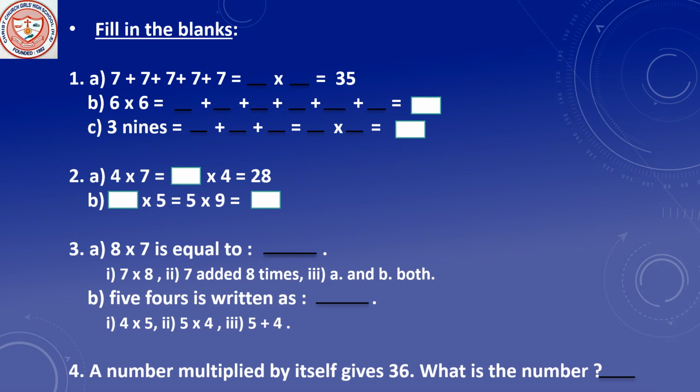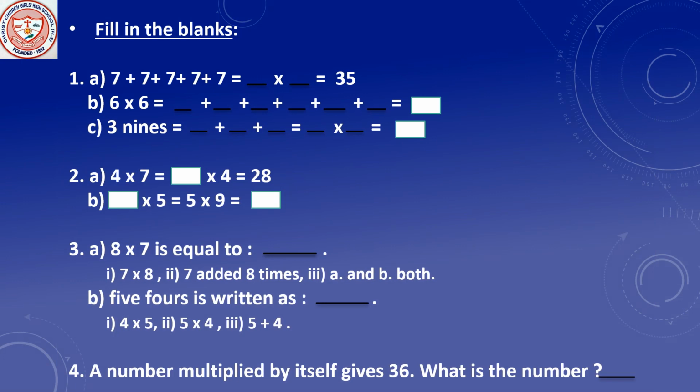Number 1, A. Here, 7 plus 7 plus 7 plus 7 plus 7 is equal to dash into dash is equal to 35. Here you have to write the multiplication fact.